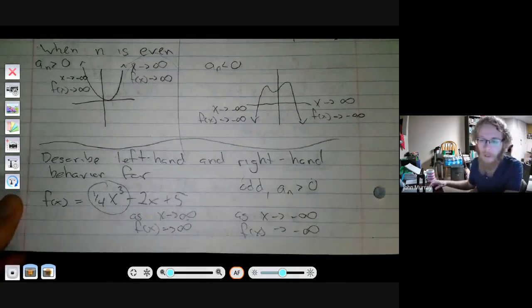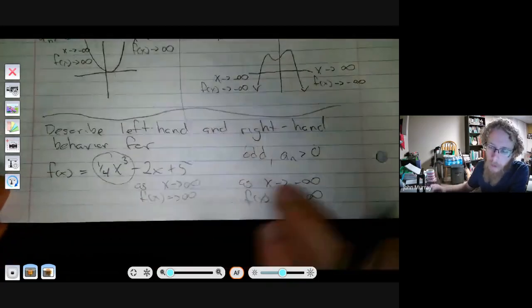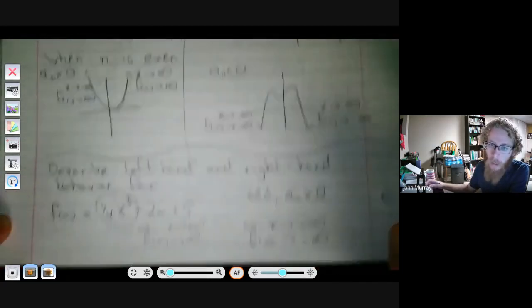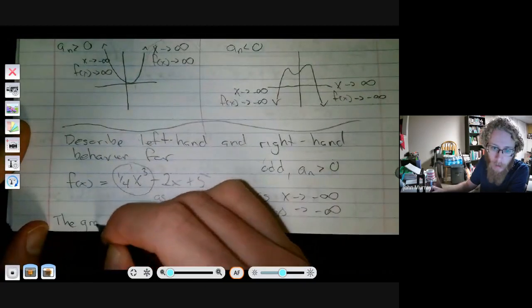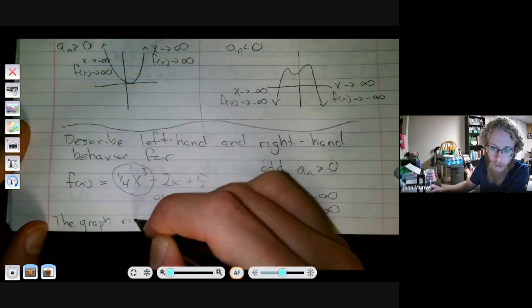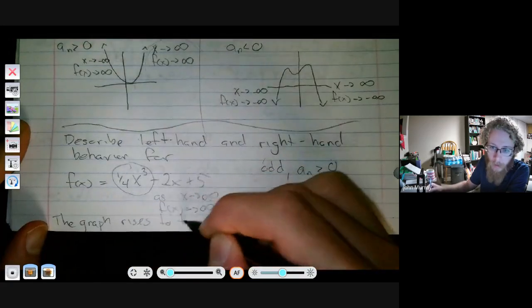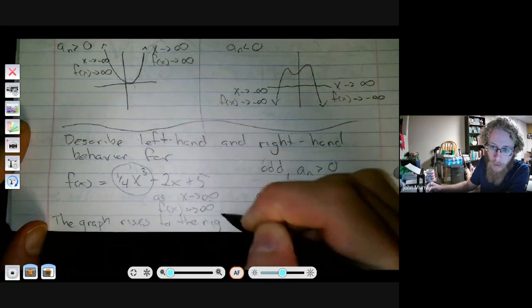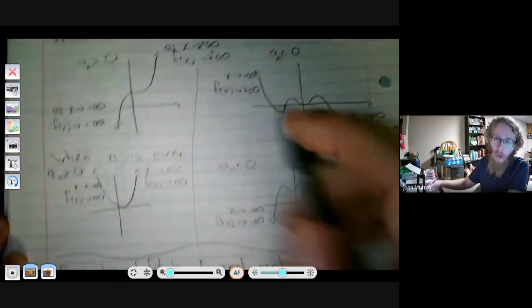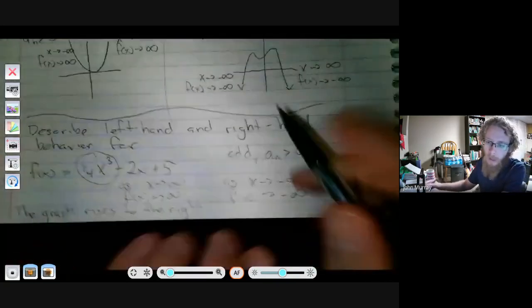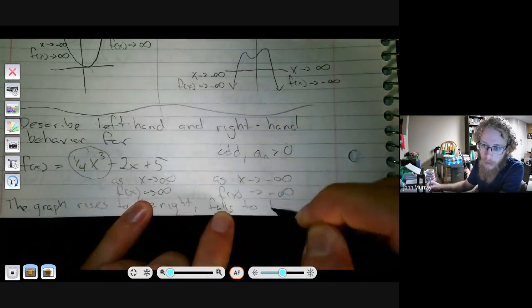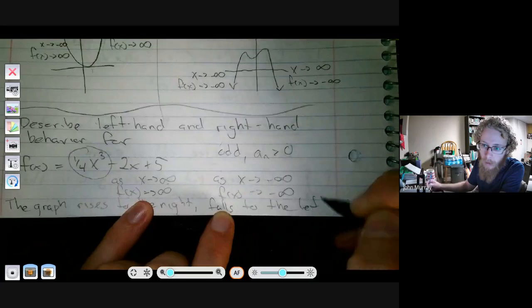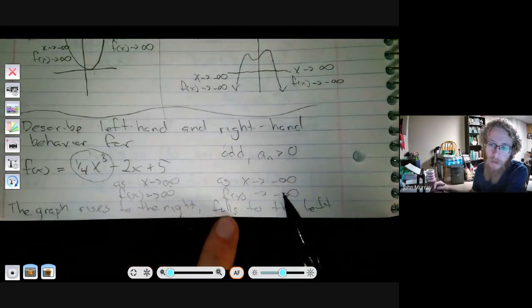Another way you can say this verbally, if you're getting confused by this, is that the graph rises to the right and it falls to the left.